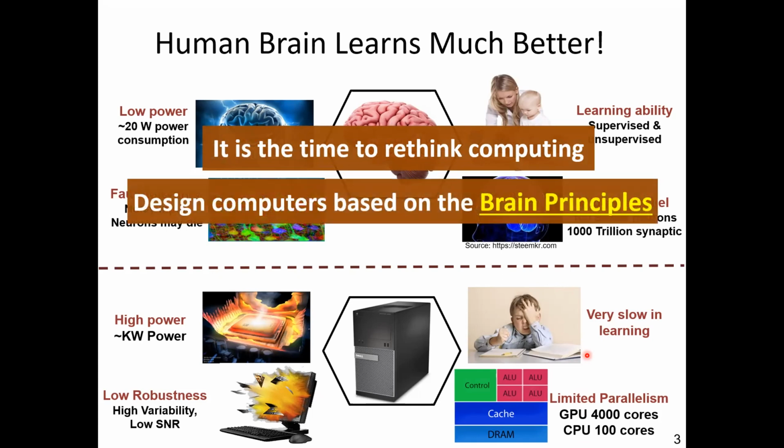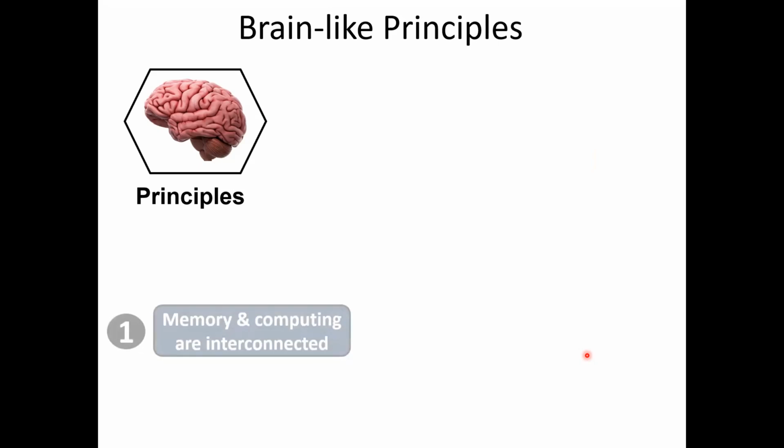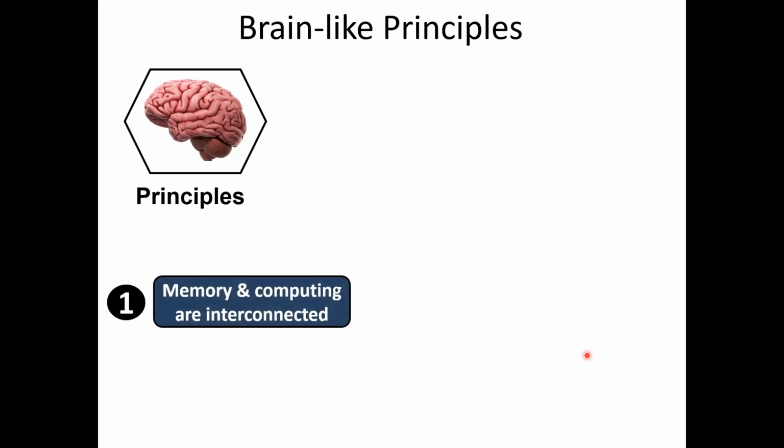What we are doing with hyperdimensional computing is looking at how the brain works from an abstract and functional level, and trying to mimic the same properties on hardware. So what are those principles? There are multiple principles for any brain computing model, but one important factor is that the brain doesn't have separate memory and computing units. In the brain, memory and computation are interconnected.